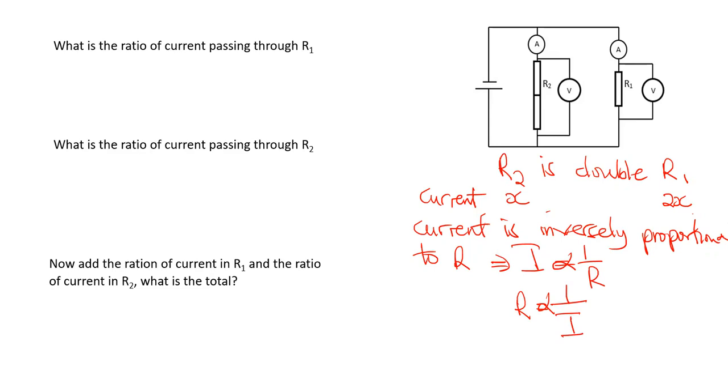So R2, which is double of R1, must have a current of X, and R1 then must have a current of 2X. So this is 2X, this is X. But when you add the two, this path here must have 3X. So we start with 3X here, and then X goes this way, 2X goes that way.